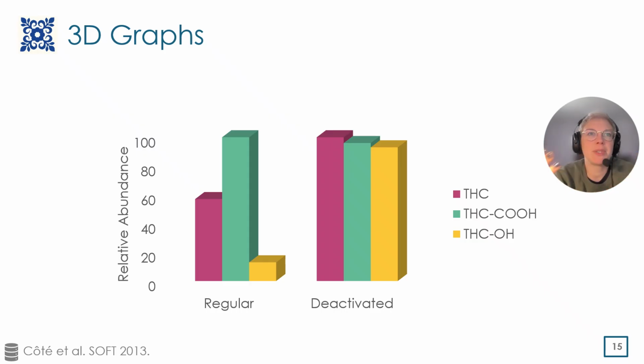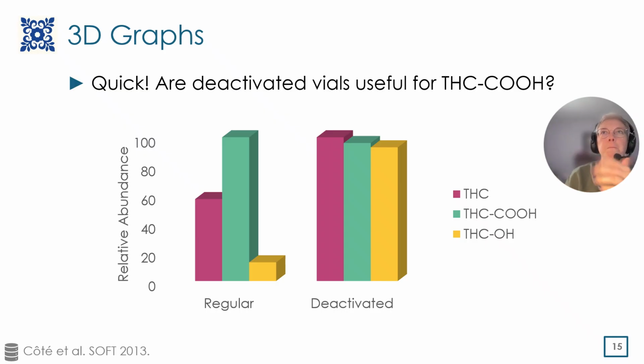I get the general sense with this graph that the activated is better, but it's hard to see the impact exactly for each analyte, especially to compare, for example, the green bars. So anyways, hard to read. Are the activated vials useful for THC carboxy? Not sure.